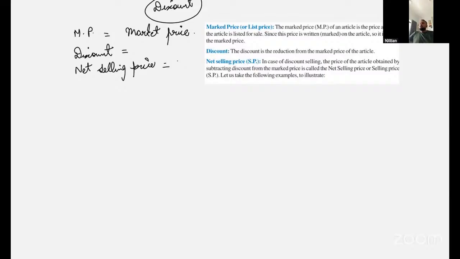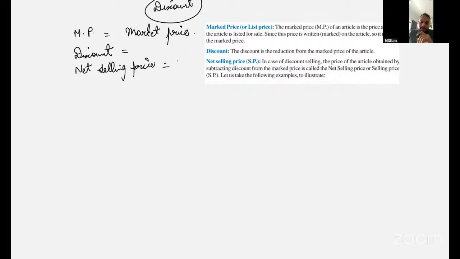So we learned about the increase and decrease, no? Like increased amount or decreased amount. That concept is used here. Now it's a discount, so we will not add it, we will subtract it. Simple as that. If a store writes 80% discount and the MP at first was 100 rupees, after the discount it will not become 180 rupees.